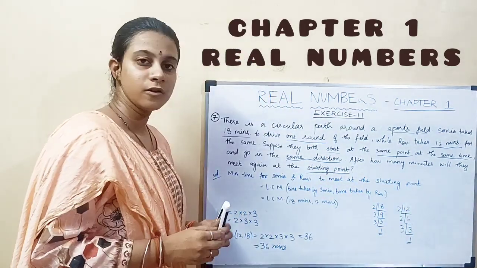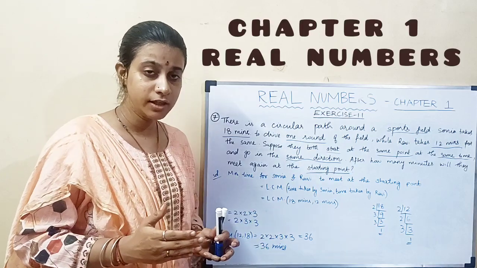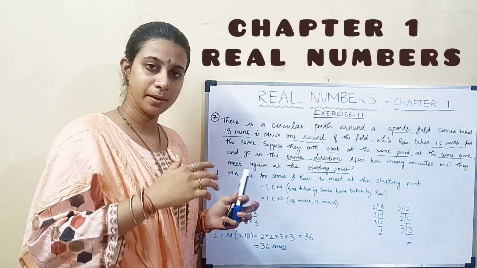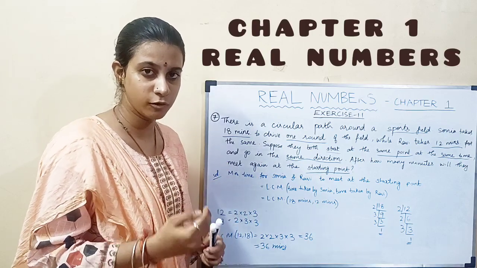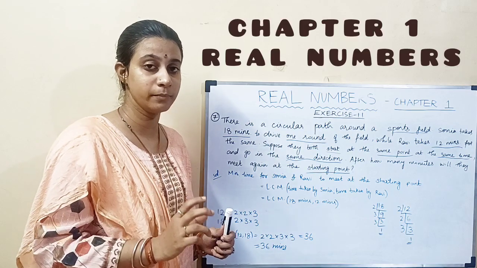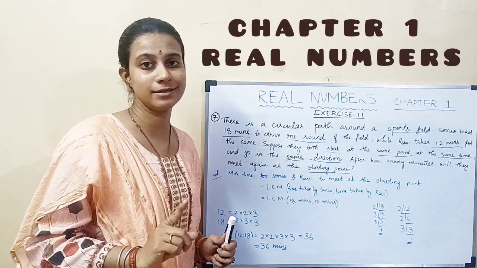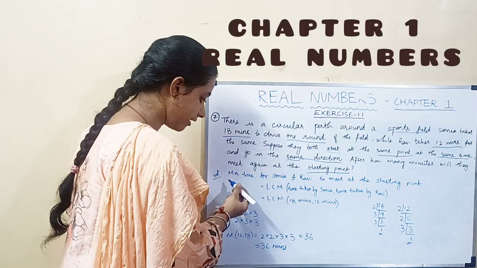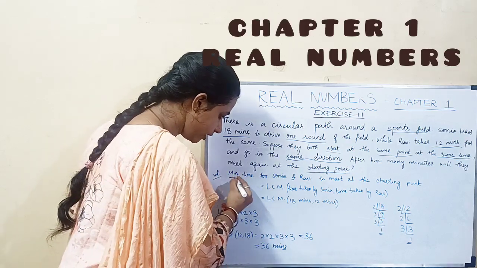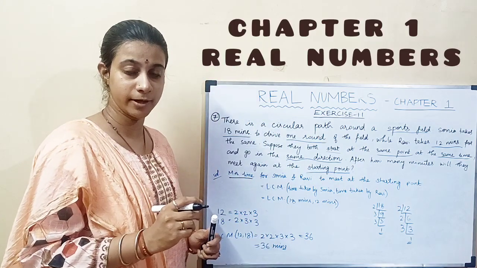So when Sonia and Ravi go around the circular path, then they may be meeting multiple times also, but we are calculating the time taken for them to meet at the first time.